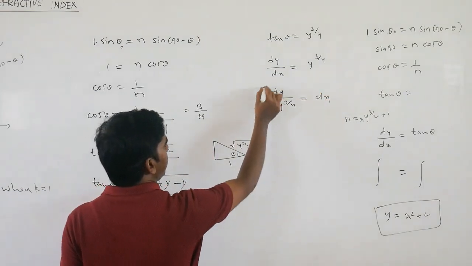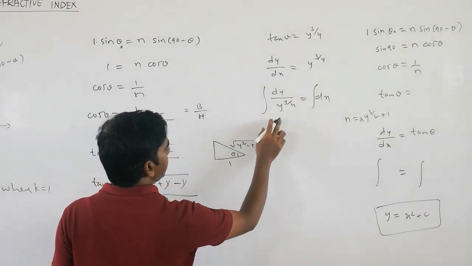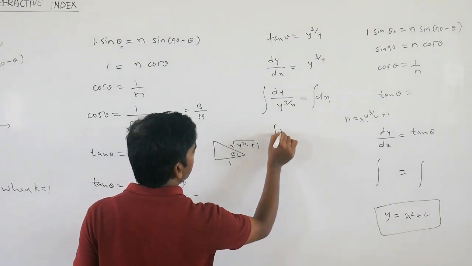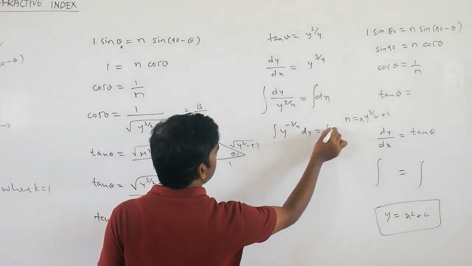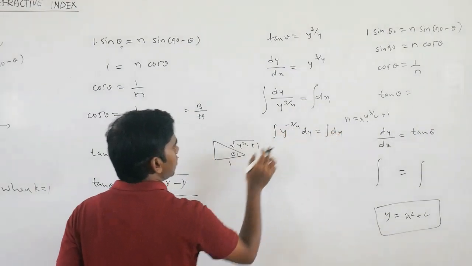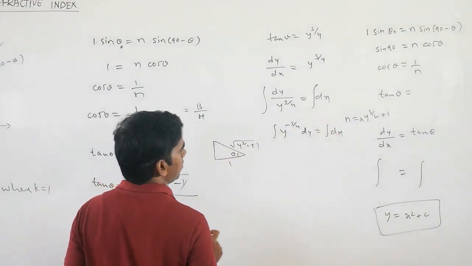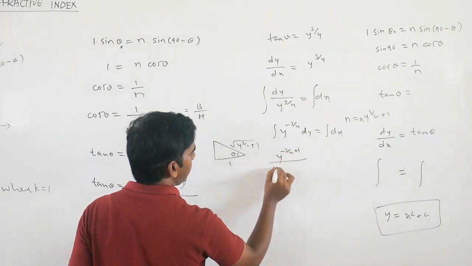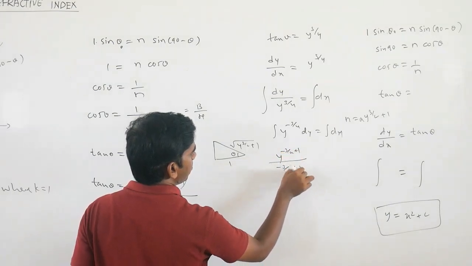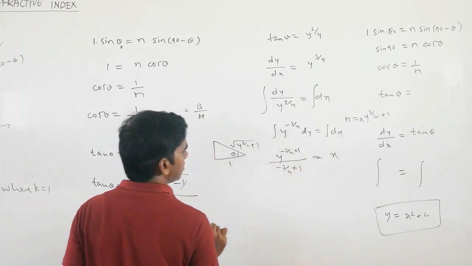Now integrate. After integration, what will you get? y raised to minus 3 by 4 dy equals dx. What will be the integration of y raised to minus 3 by 4? y raised to minus 3 by 4 plus 1, divided by minus 3 by 4 plus 1, equals x.